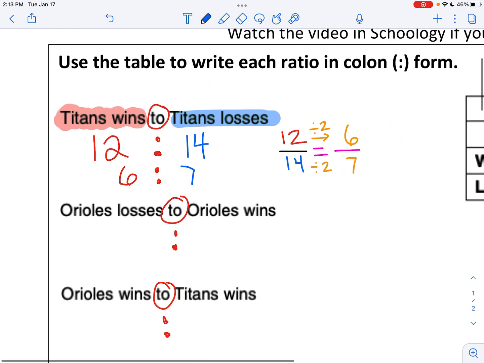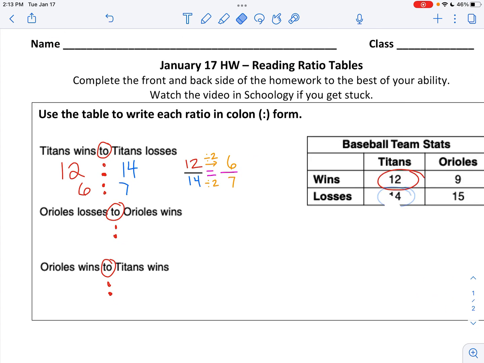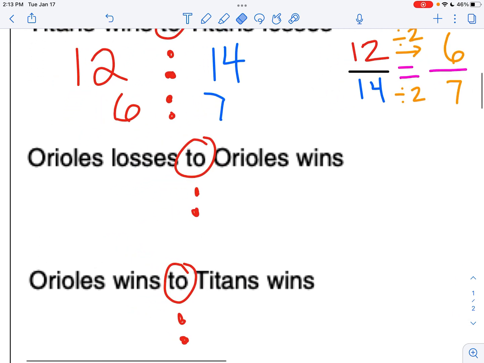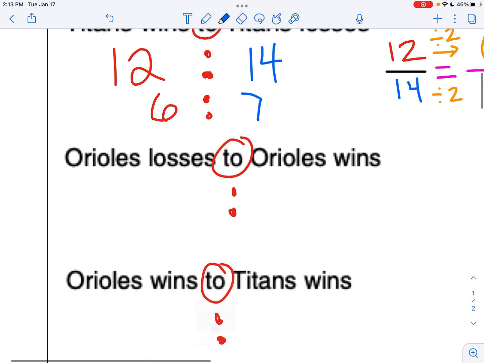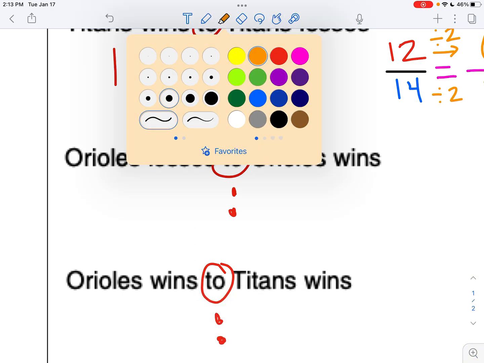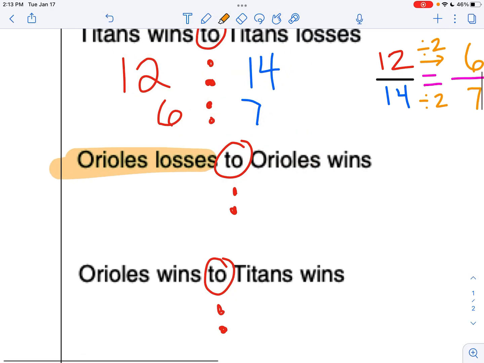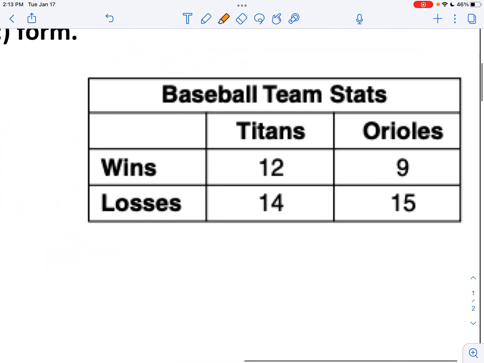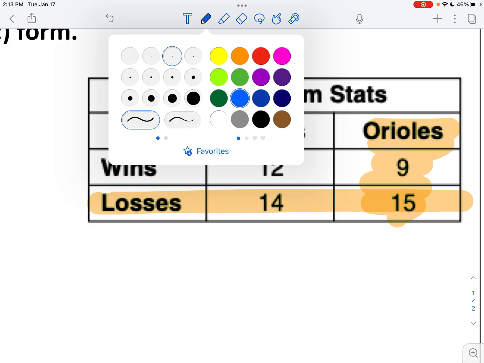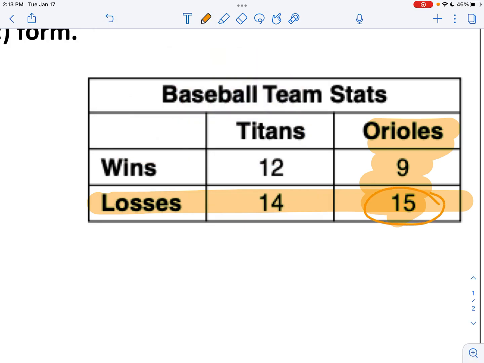All right, let's try the next one. Get rid of my highlighting here. All right, the next one says Orioles, try this again. Orioles losses, here we go. Here's Orioles, here's losses. So we're looking at this 15.